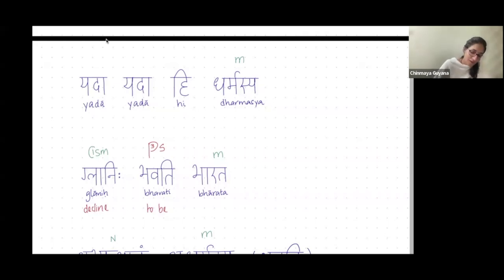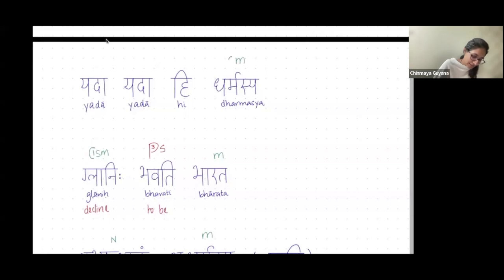Good. Dharmasya is sixth case, masculine, singular. And it means of dharma.